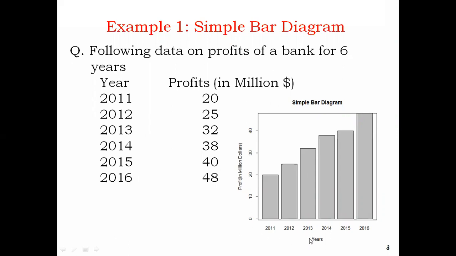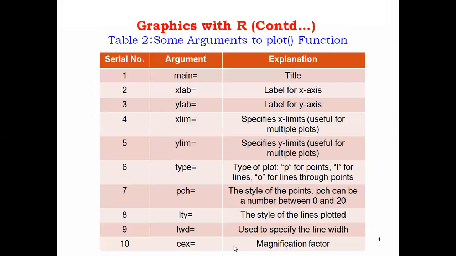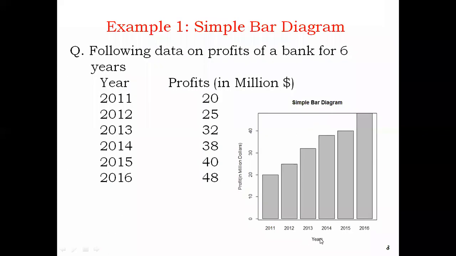And here you see years are written on the x-axis, and on the vertical one is the profit in $1 million. One thing I am giving here is xlab and ylab, the label for the x-axis and the label for the y-axis. These are years and profit, which means these are the labels.